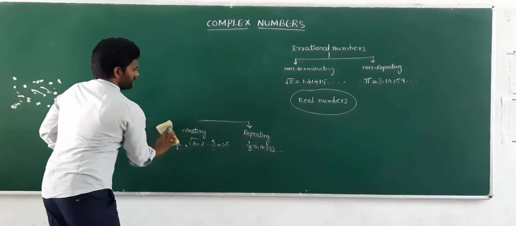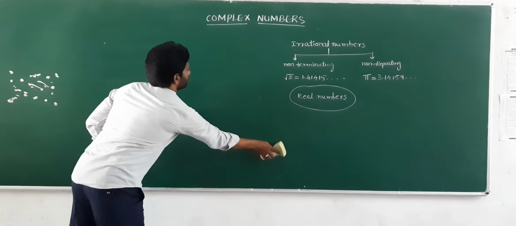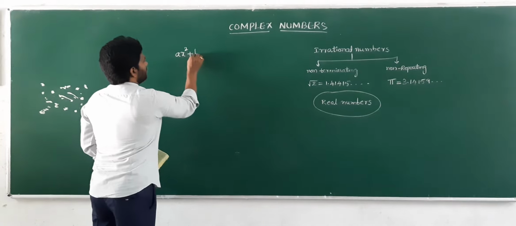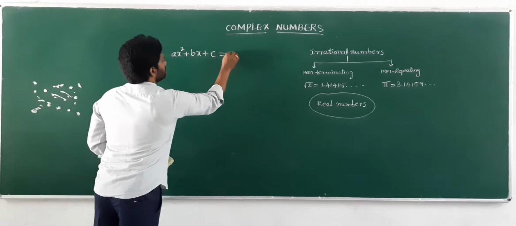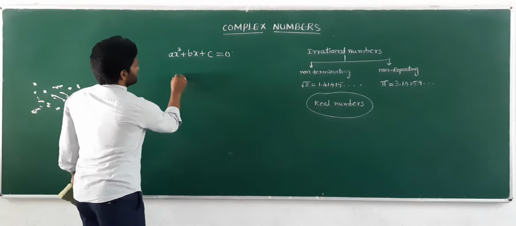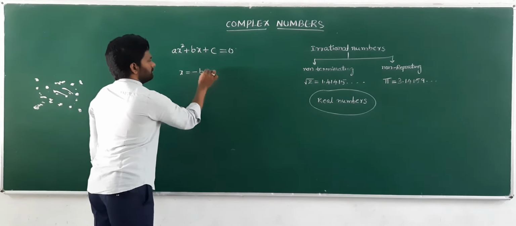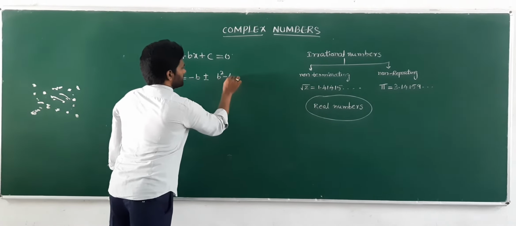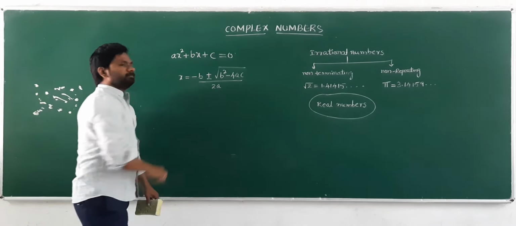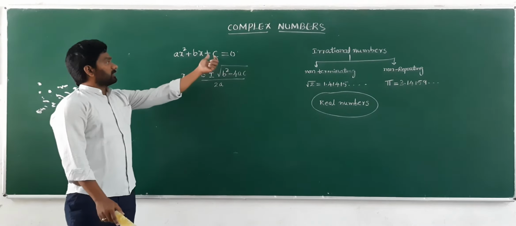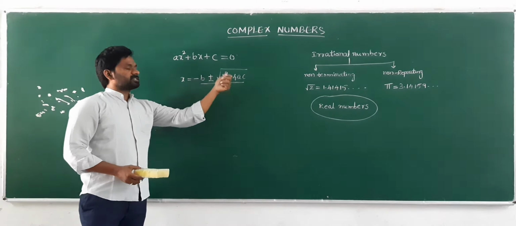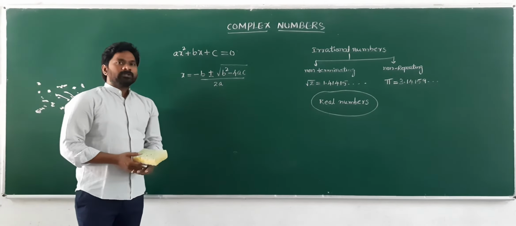We know the quadratic equation ax square plus bx plus c equals 0 has the solutions x equals minus b plus or minus square root of b square minus 4ac, by 2a. These are the solutions for the quadratic equation.